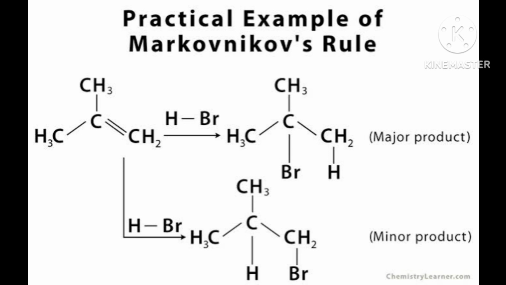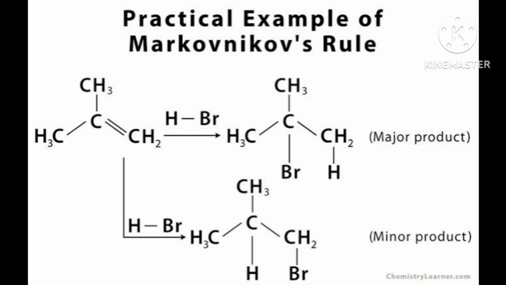Suppose any alkene is there, as for example CH3 CH double bond CH2, that is propene. Out of 3 carbons, the double bond is between carbon number 1 and 2. You can call it prop-1-ene, or propene in a simple way.